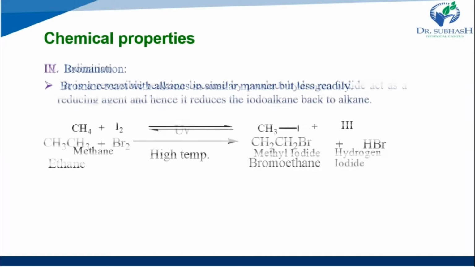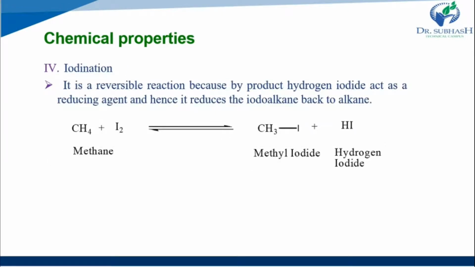The fourth reaction is the iodination reaction. It is a reversible reaction, because the product hydrogen iodide acts as a reducing agent and hence reduces the iodoalkane back to alkane.